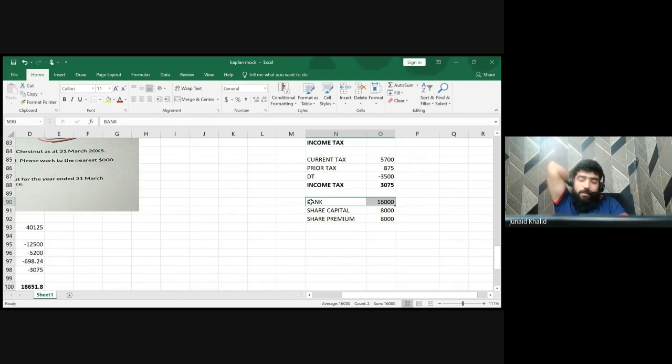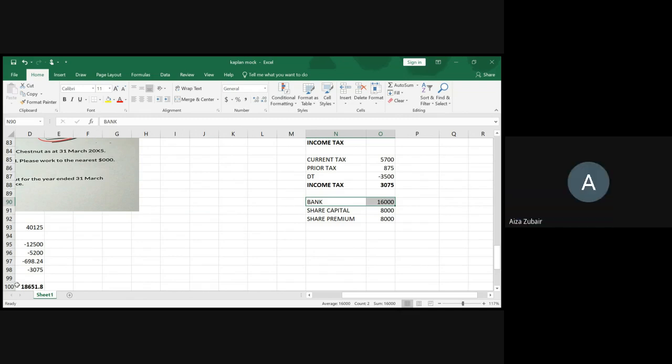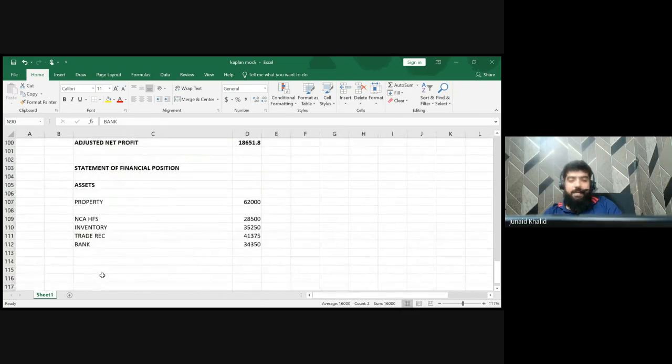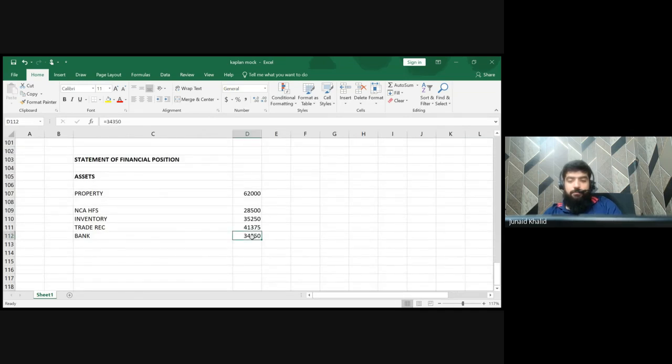It means we will receive the amount of 16,000. So 16,000 will increase the amount of bank. So the bank will be 34,350 plus 16,000.